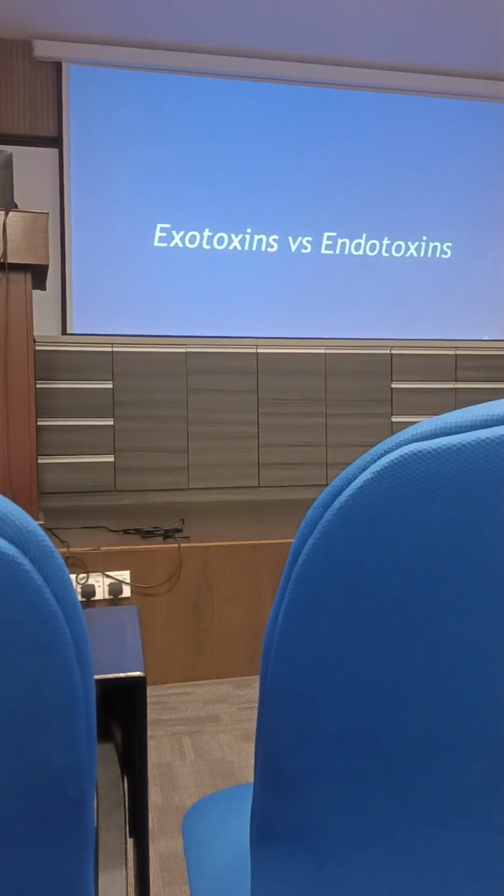So what's the difference between exotoxin and endotoxin? If you can recall from what we saw today. Endotoxin is from gram-negative. Yes, endo is part of the bacteria, exo is secreted. Okay, for endotoxin, the bacteria must be present to cause the infection.